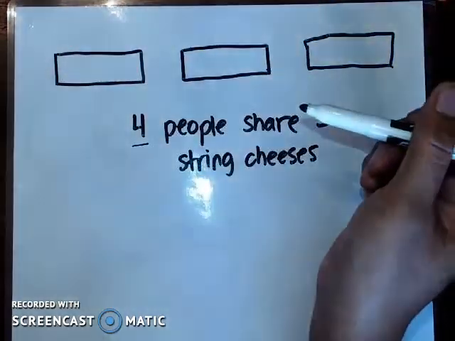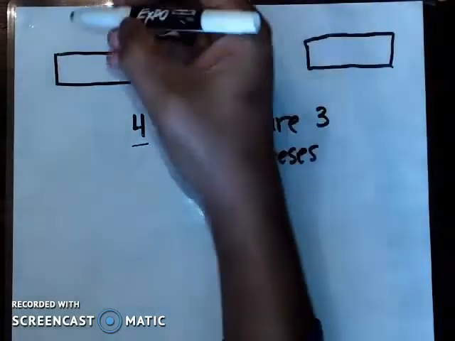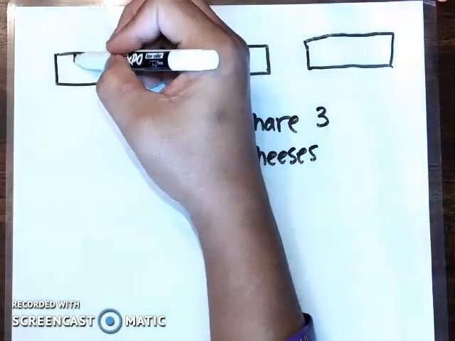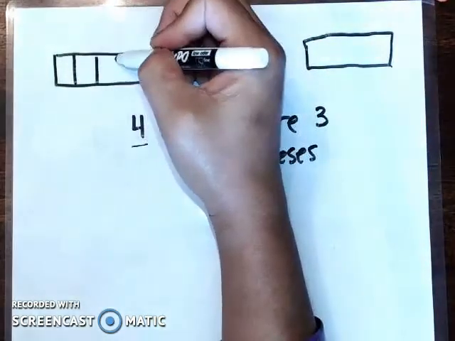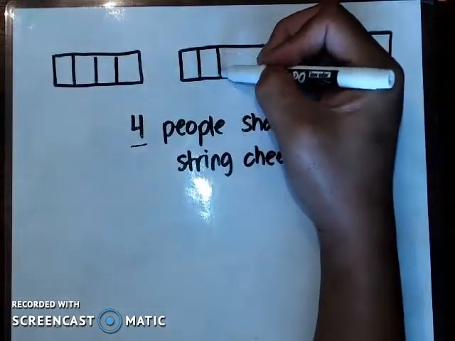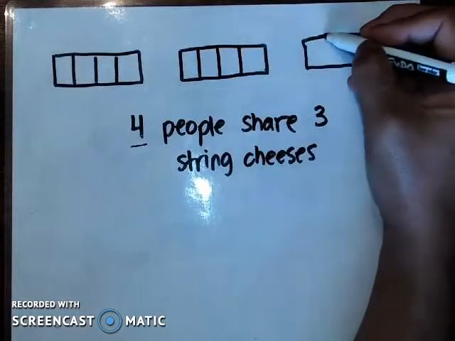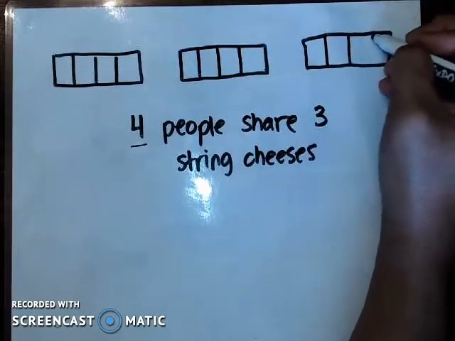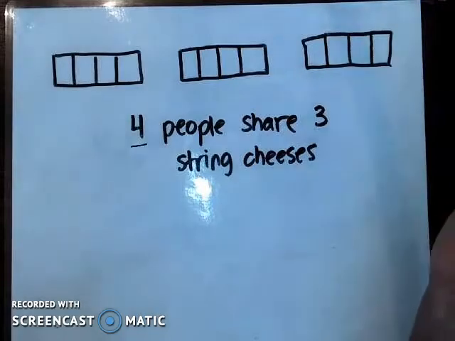So if there are 4 people sharing, you're going to take each one and split it up into 4 equal pieces. Split this one up into 4 equal pieces, and split this one up into 4 equal pieces. And that way, everyone gets an equal share.